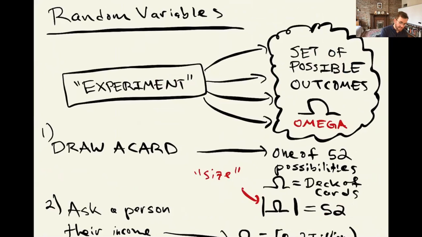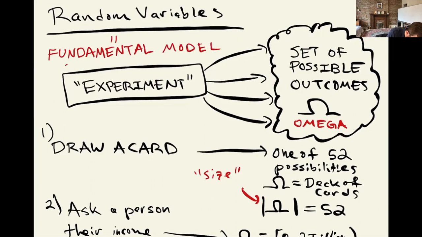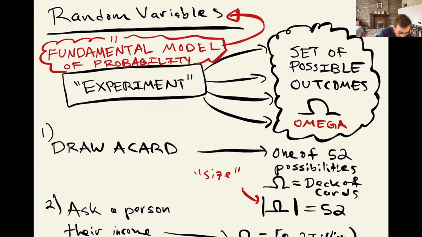All right, so all of these examples are meant to illustrate an idea, which is that the fundamental model for probability is the notion of a random variable.